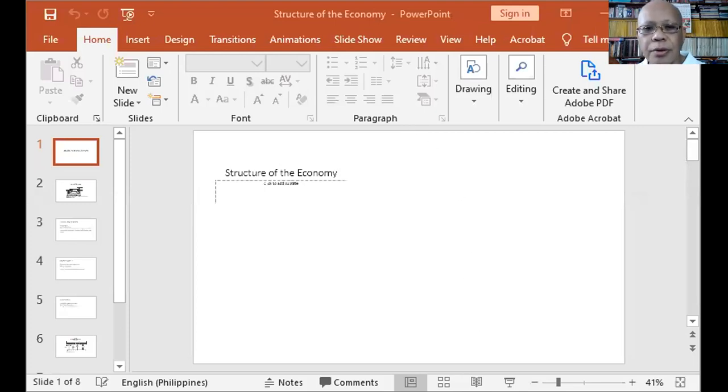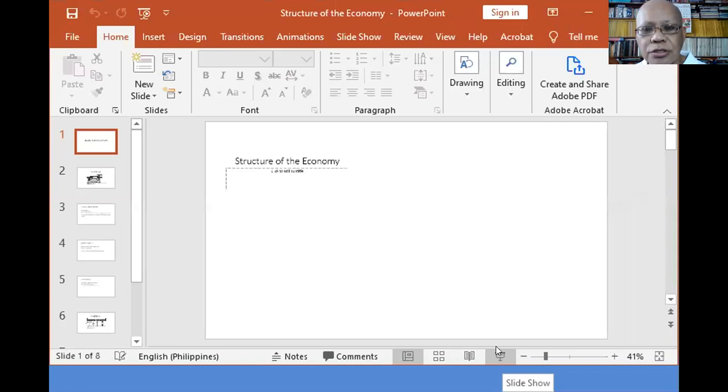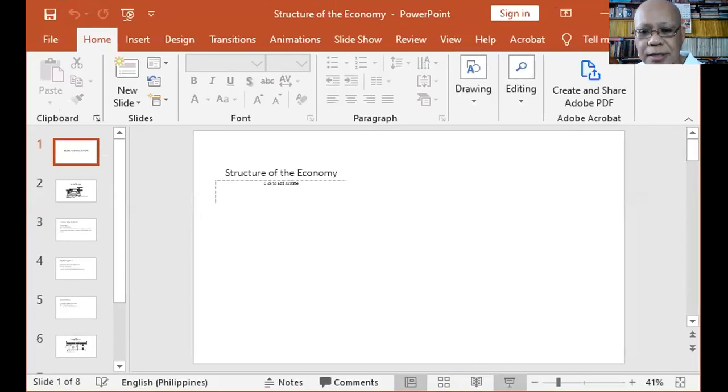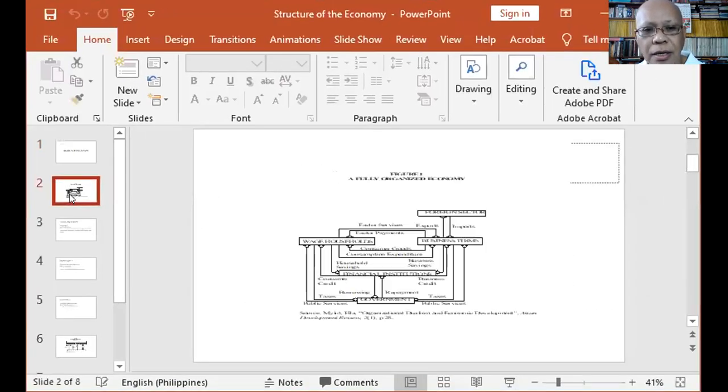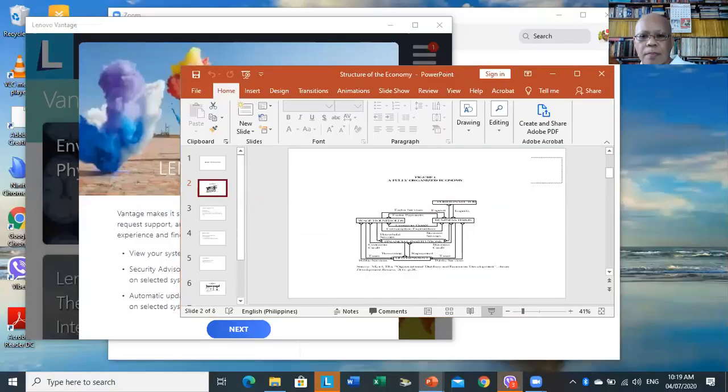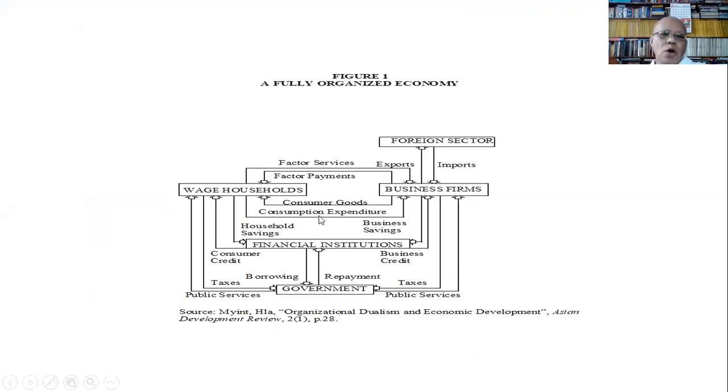Here, when we look at the structure of an economic system, here one can see the main elements and the main factors that characterize a fully developed economy. It's also called a fully modern economic system. It's also the structure of a developed economy.